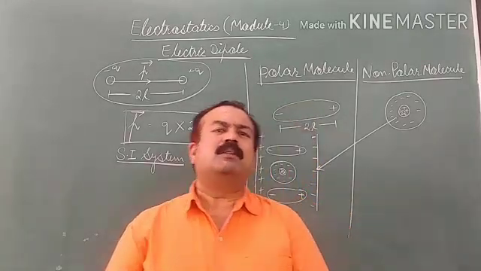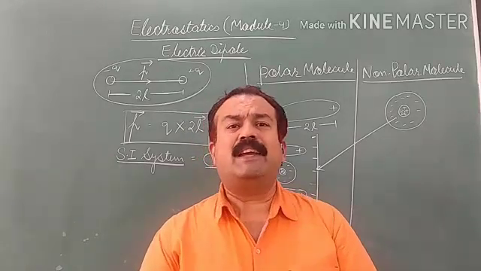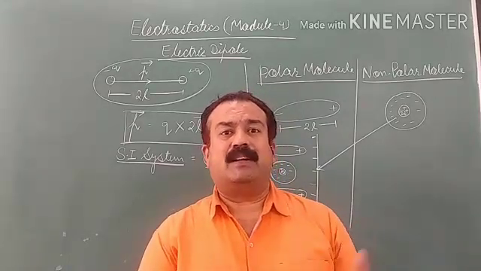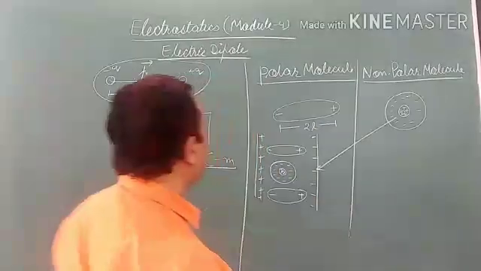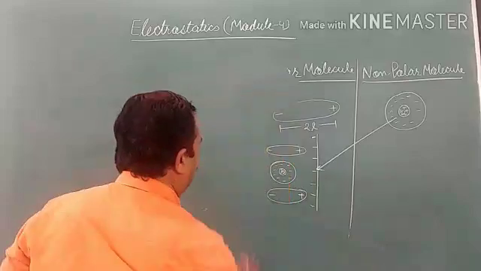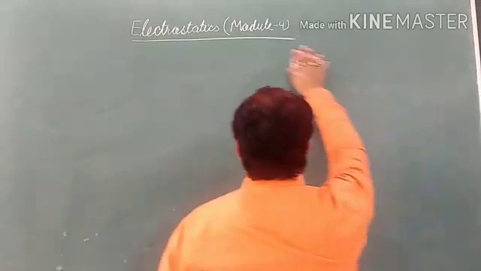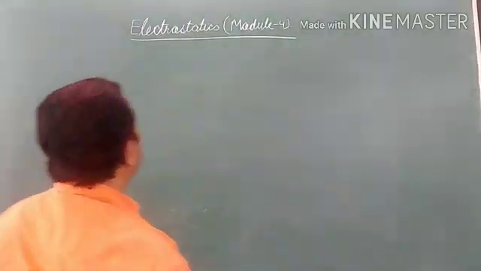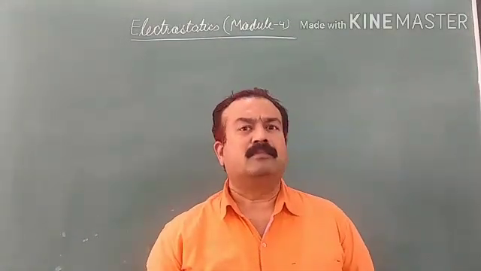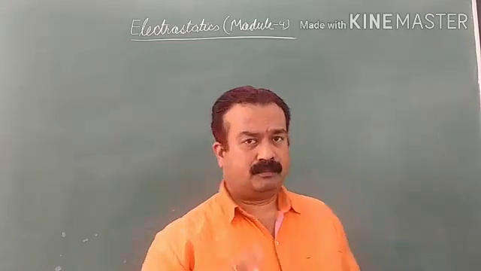Now we have to come to how we can find electric field intensity in the case of an electric dipole at different situations, at different positions. That I am telling you here. Now the topic is electric field intensity at any point on the axial line. The question arises, what is the meaning of axial line?